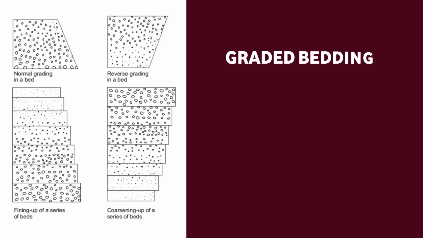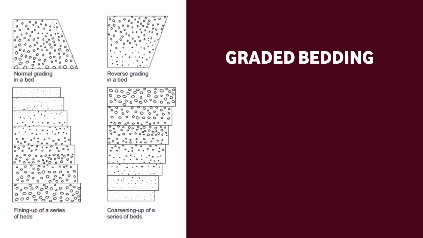Another structure which is very important in primary sedimentary structure is graded bedding. When the sediments start depositing in a particular basin, and especially when an environment becomes a little quiet, the coarser grains or the heavier grains settle faster, and the finer grains remain in suspension, and they settle last.